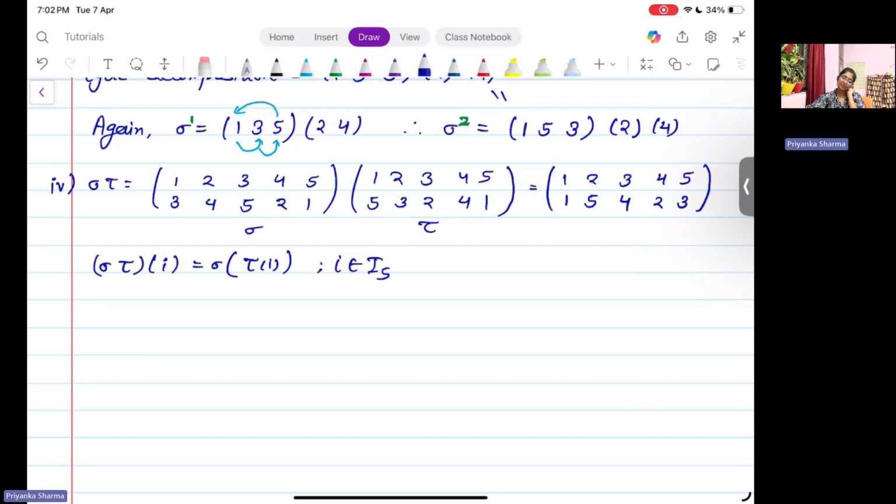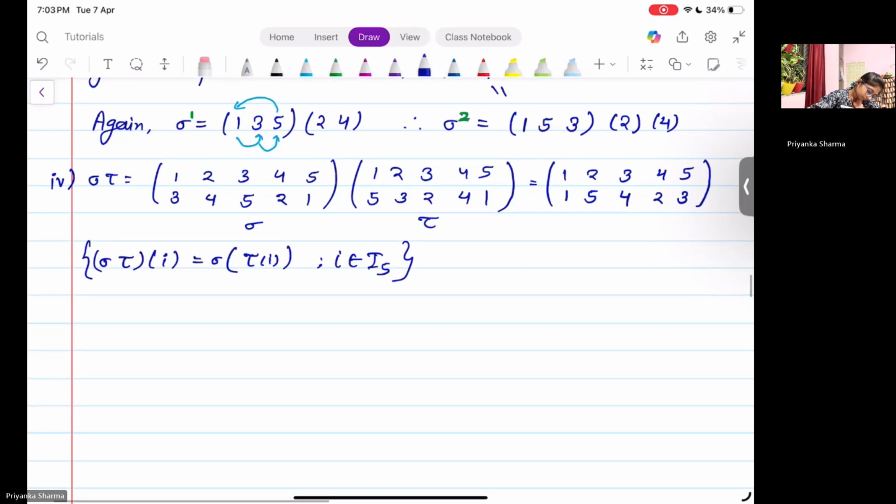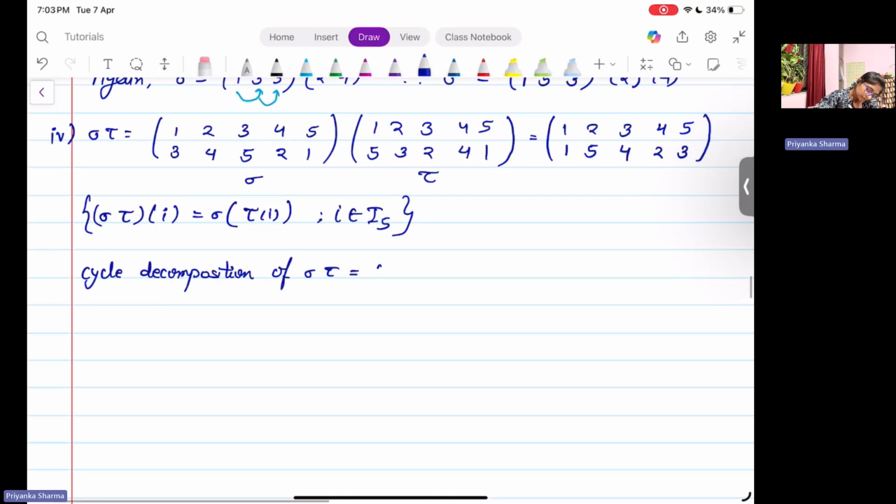Yeah, we can see this is another permutation. This is bijective. So the cycle decomposition of sigma tau will be 1, 2, 5, 3, 4. Okay.